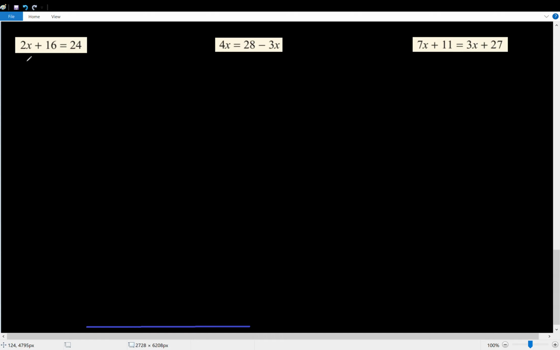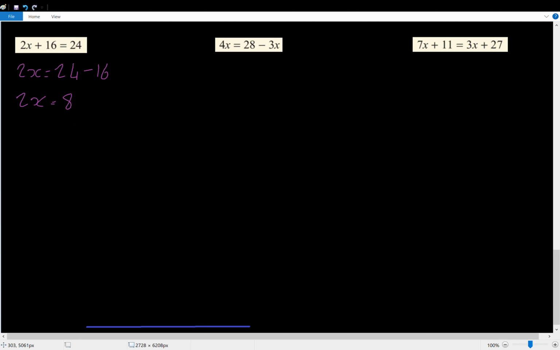So our next line down from here, where we started off with 2x plus 16 equals 24, is 2x equals 24, and we're taking our plus 16 over, so it becomes a minus 16, like that, which means 2x is going to be equal to 24 minus 16, which is 8.